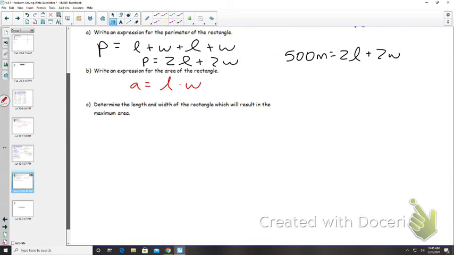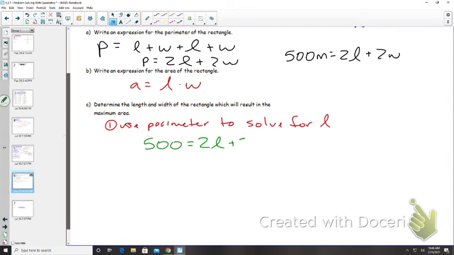Okay, let's go back to math though, okay? So for step 1, where's my red marker? There it is. So step 1, use perimeter to solve for L. Okay, so we have 500 is equal to 2L plus 2W.